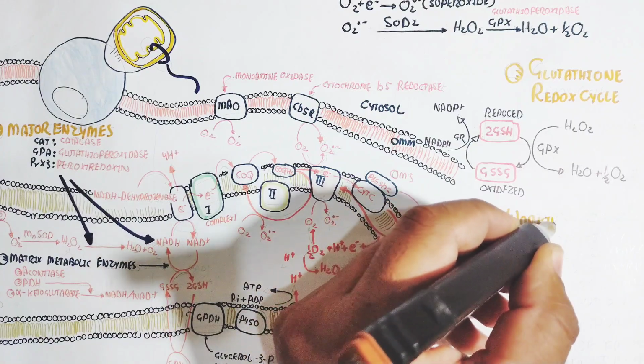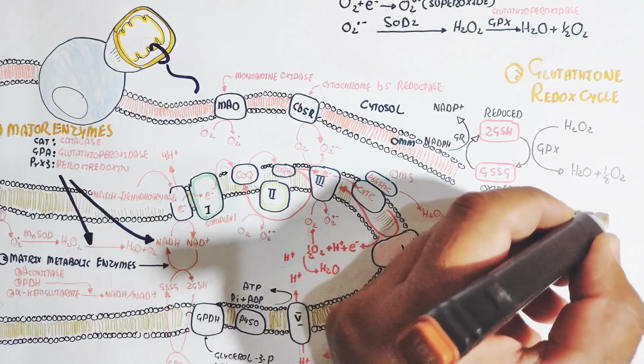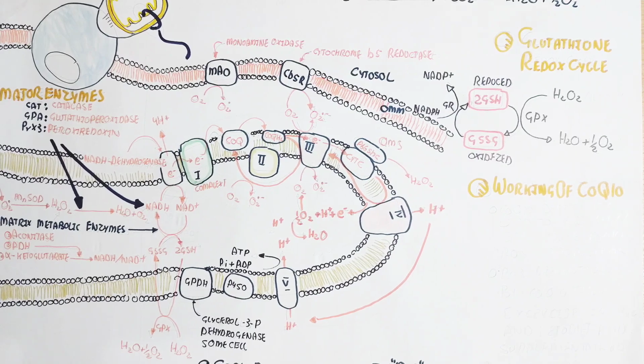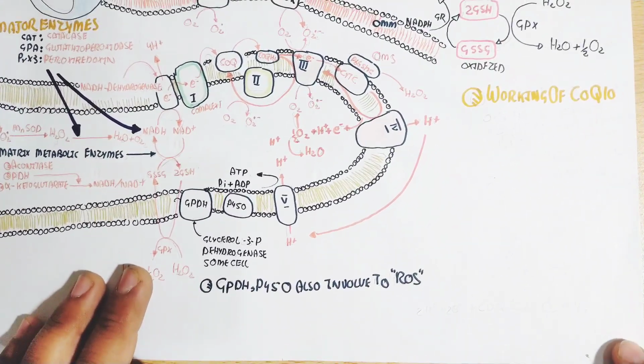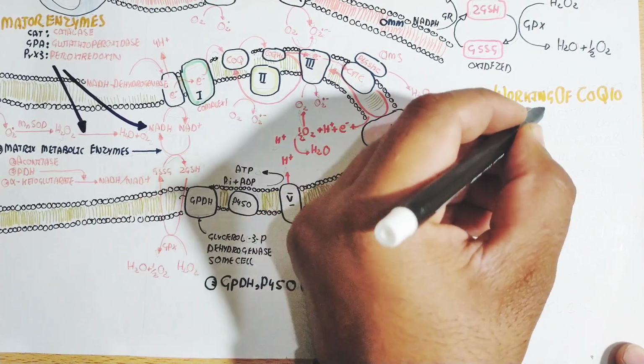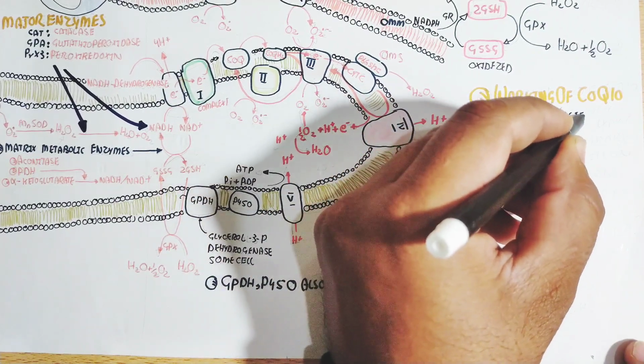The glutathione peroxidase enzyme leads hydrogen peroxide to be converted into a water molecule with the release of one molecule of oxygen. In this way, clearance of reactive oxygen species occurs due to glutathione.